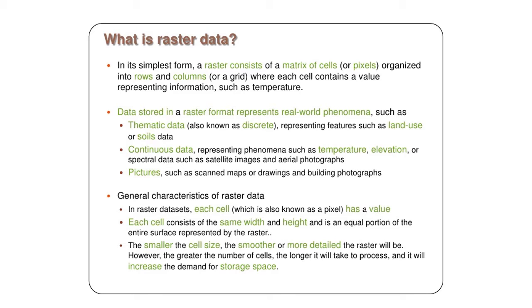Most of the time, it will be in square shape. So each cell consists of the same width and height and is an equal portion of the entire surface. The smaller the cell, the smoother or more detailed the raster will be. Take a 1 meter cell, 1 by 1.